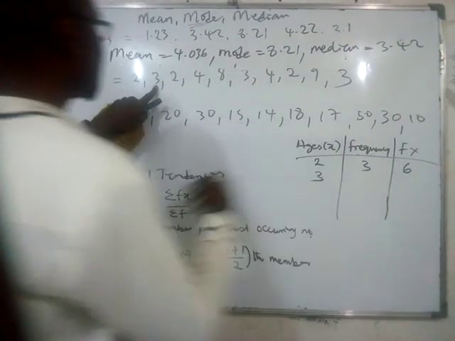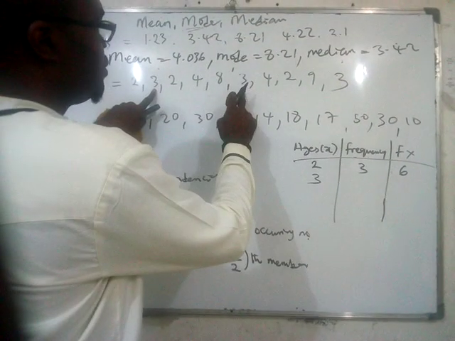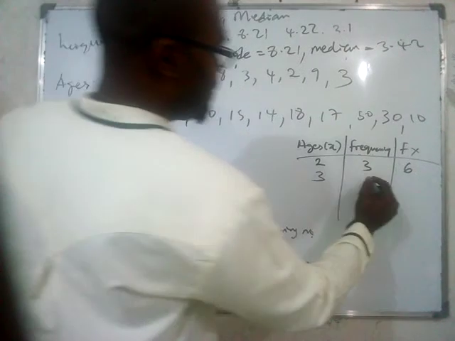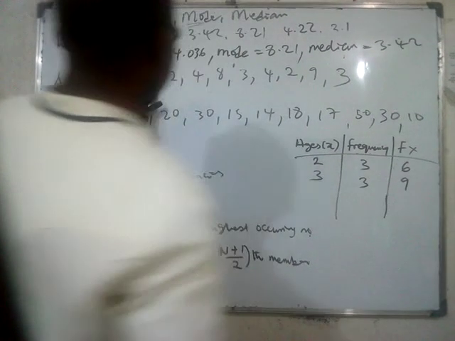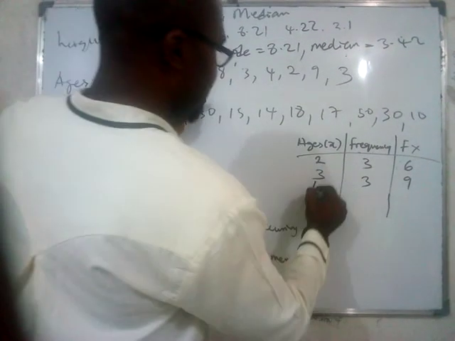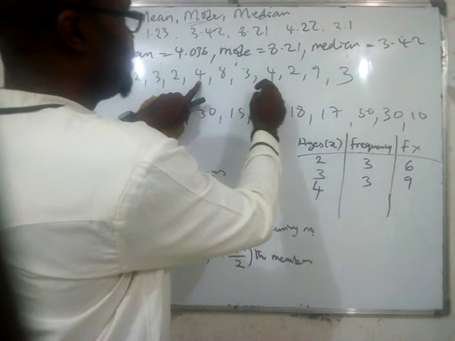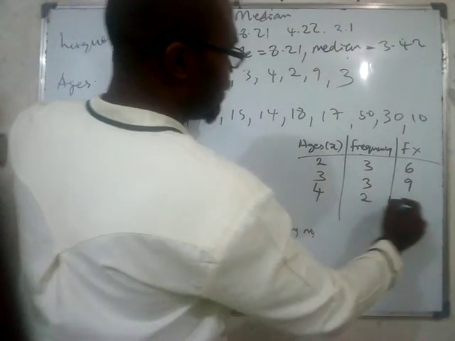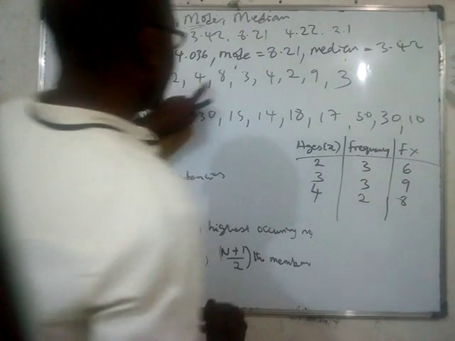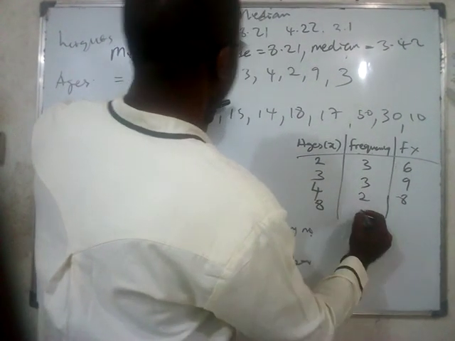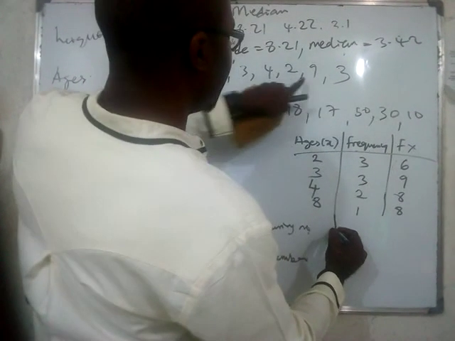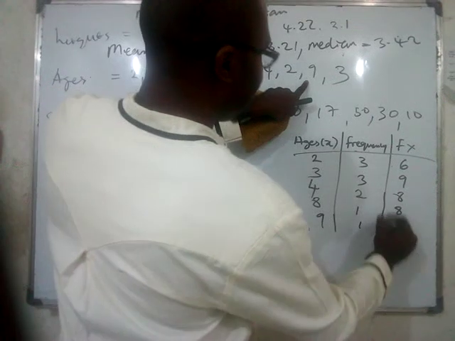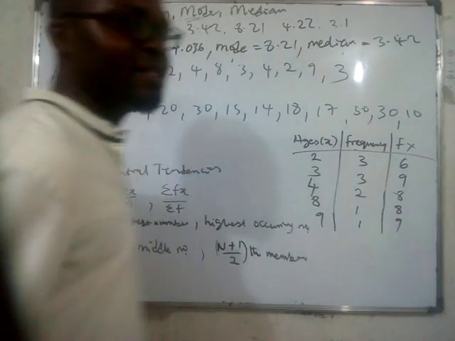How many times is 3 occurring? 3 times, so fx will be 3 times 3, which is 9. The next number is 4, occurring 2 times, so fx will be 8. 8 occurs 1 time, so fx is 8. 9 occurs 1 time, so fx is 9. Can you see that?